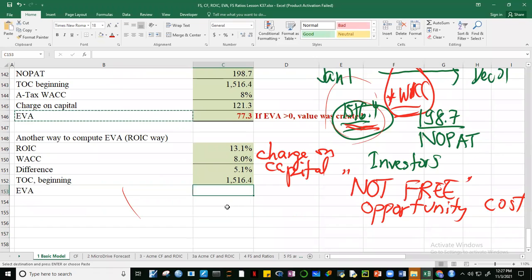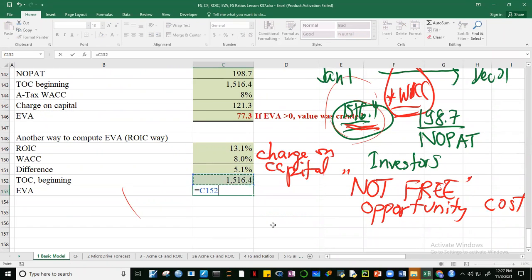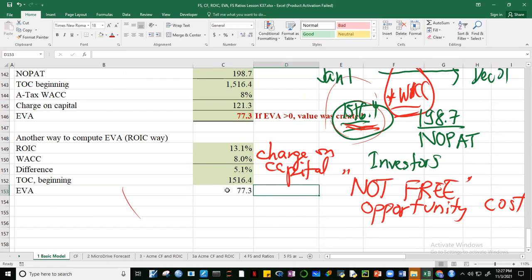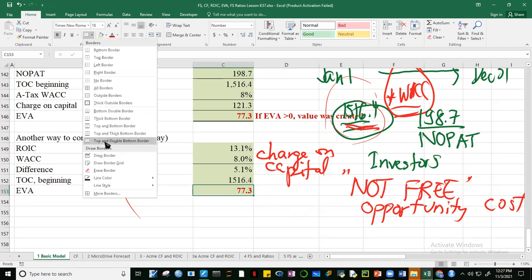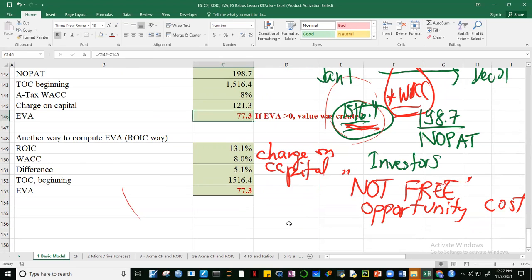Therefore, the net return on the TOC beginning is equal to the TOC beginning multiplied by the increment of your ROIC and your weighted average cost of capital. So we see here that the EVA is also the same as the one we computed here.